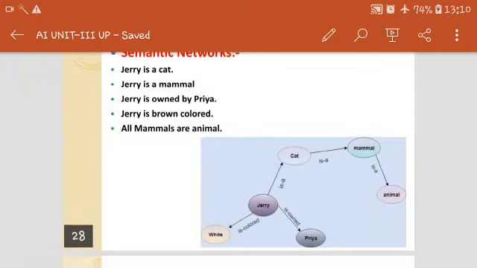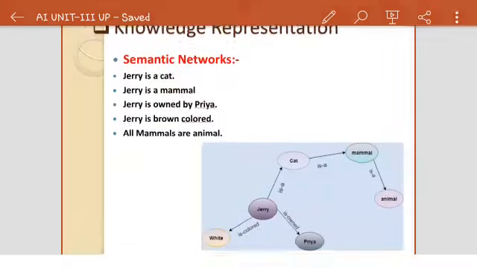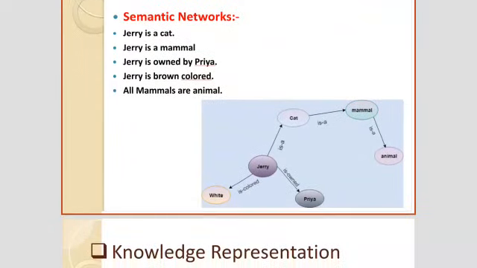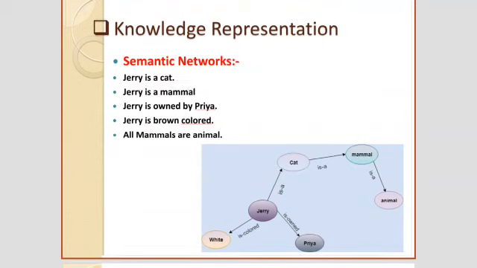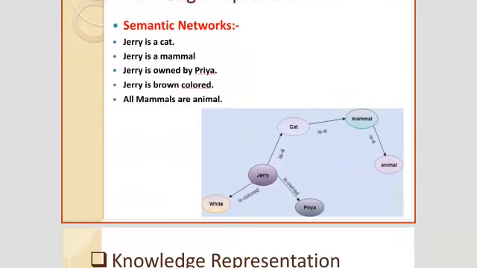So what will we discuss over here? We have five statements: Jerry is a cat, Jerry is a mammal, Jerry is owned by Priya, Jerry is brown colored, and all mammals are animals. So how will we represent this?